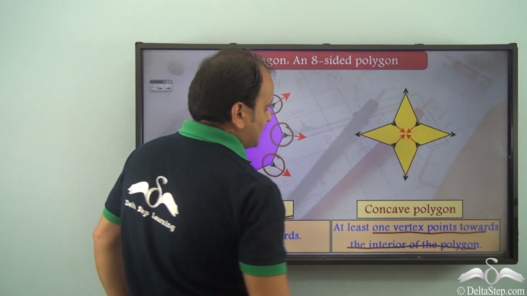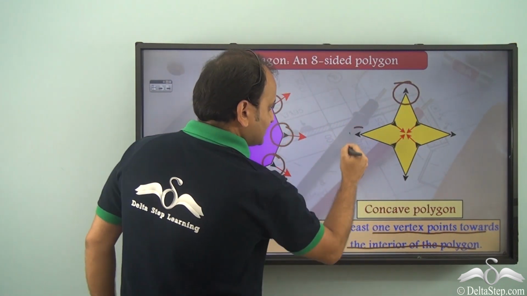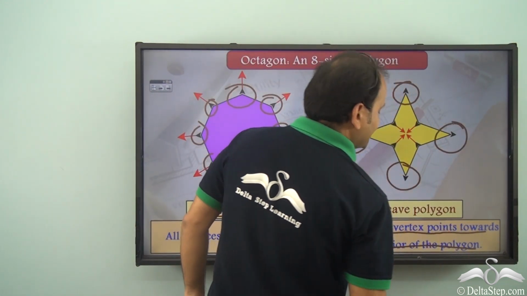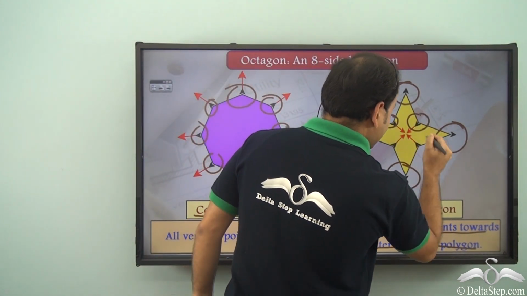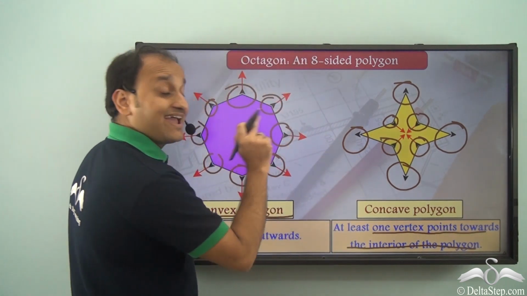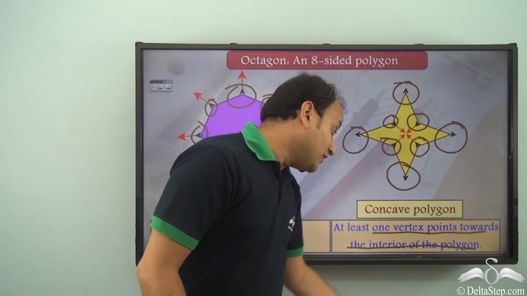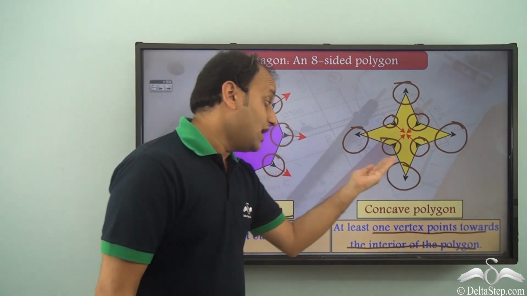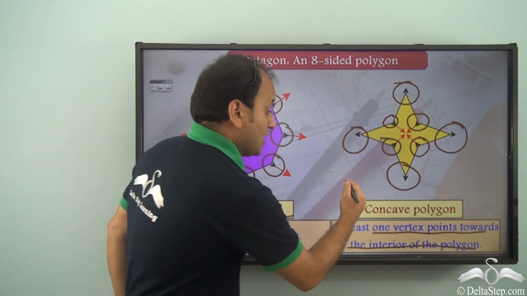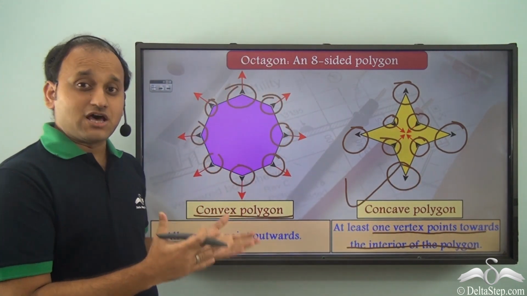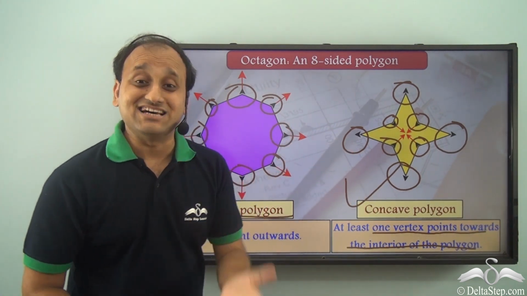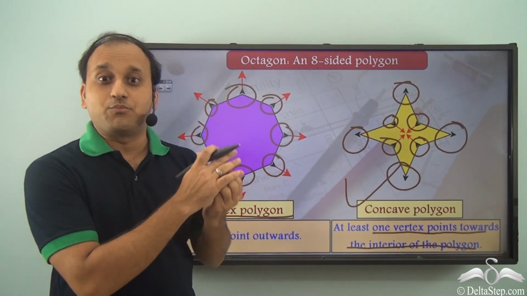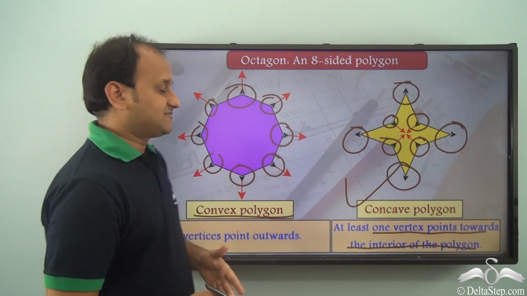While in this case, what do we see? While this is pointing outwards, this, and these vertices, all the four are pointing outwards. These four vertices are pointing inwards. And what do we know? That even one vertex, if it points inwards, then it is a concave polygon. So this is a concave polygon, and this is how you can actually identify a convex or a concave polygon, just by seeing whether the vertices are pointing inwards or outwards.